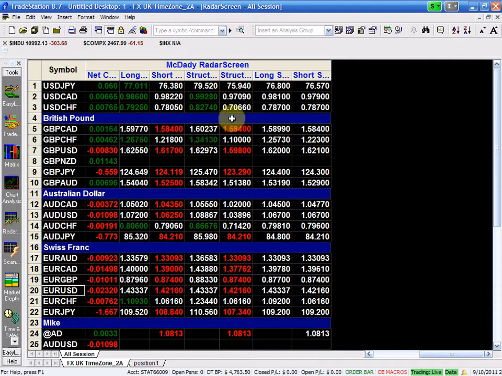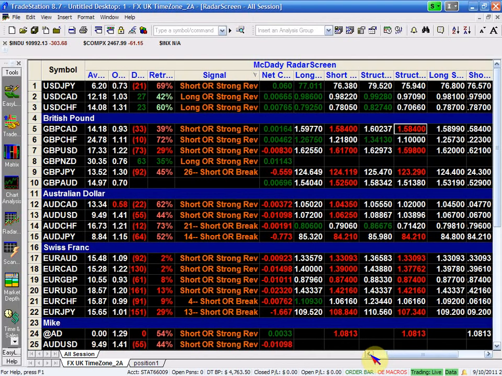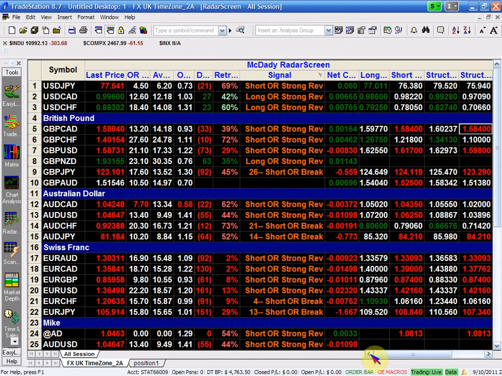So for example, here in the dollar CAD, you have a structural short point at 158.40. The short point is 158.40, and you can see that now we are already short.